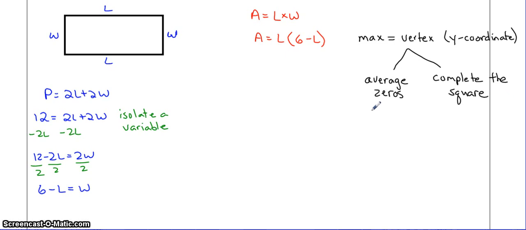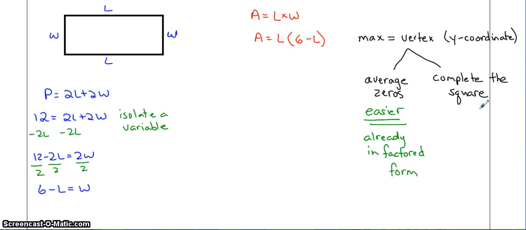The answer is averaging the zeros. Can you think of why? The answer is that it's already in factored form.